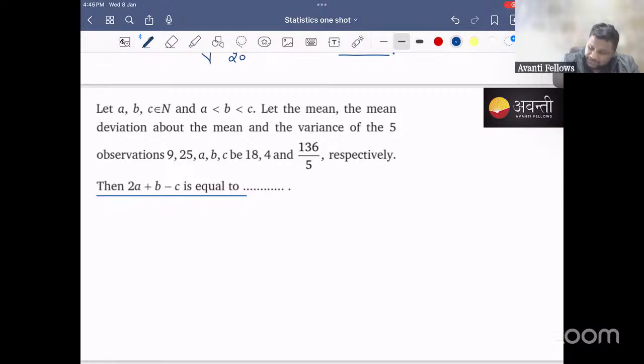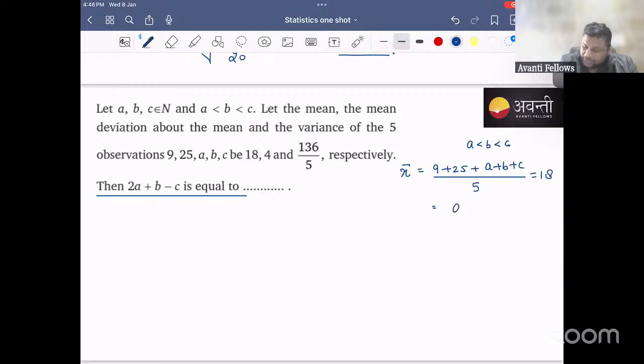Now see, on the one hand they have given A less than B less than C. So first of all, what is the mean? Mean will be 9 plus 25 plus A plus B plus C, whole divided by 5, and this is given to me as 18.